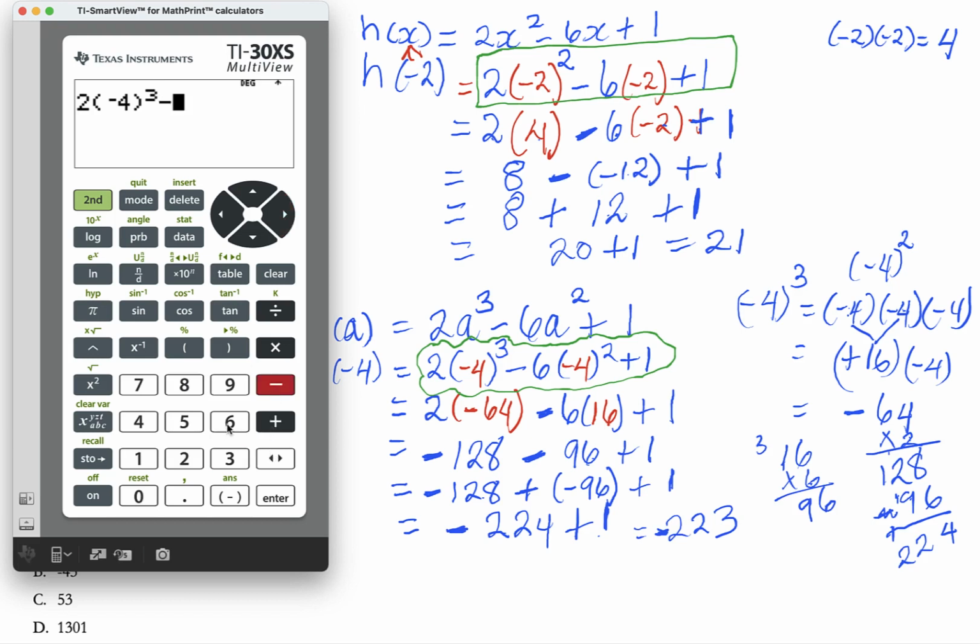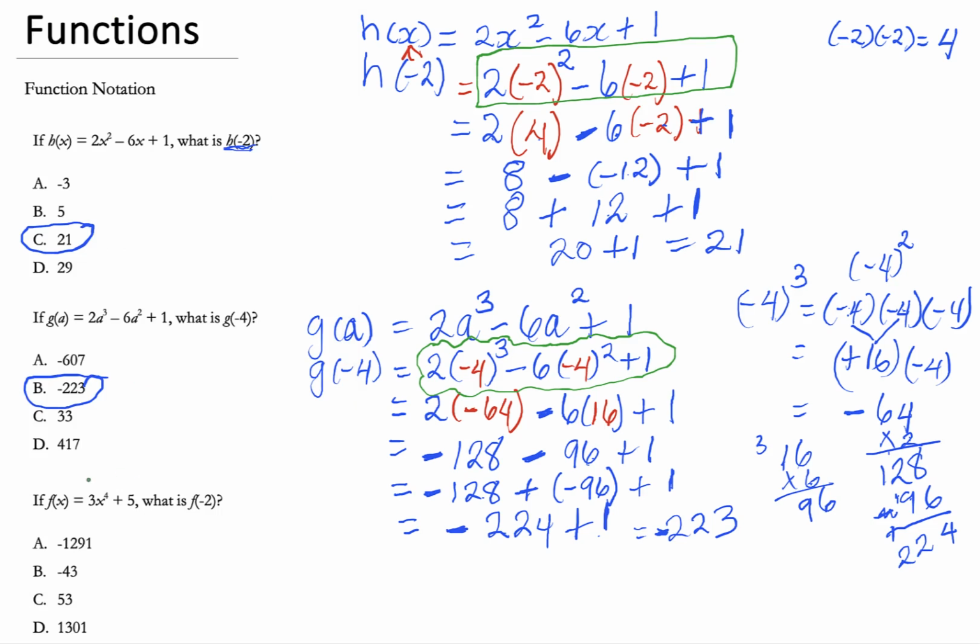Okay, we're going to subtract 6, open the parentheses, negative 4, close. This has the square, so that's good. And then finally plus 1. And you enter, answer is negative 223.